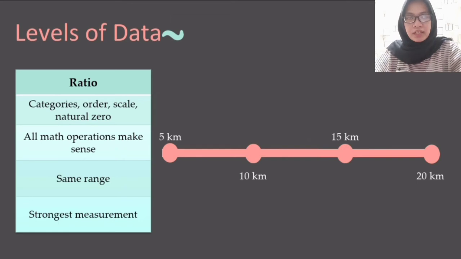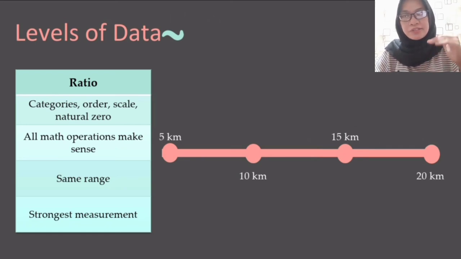For example, 5 kilometers, we add 5 kilometers, it becomes 10 kilometers, and of course it has more than 2 categories, and there is order on it. There is scale, and of course there is natural zero. If we got 0 kilometers, it makes sense.